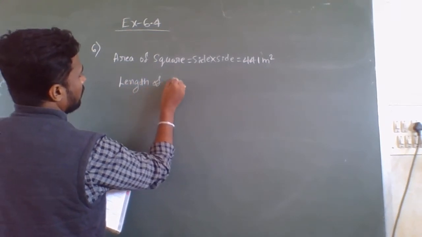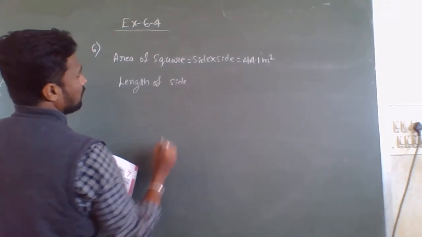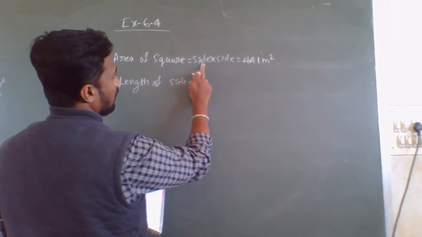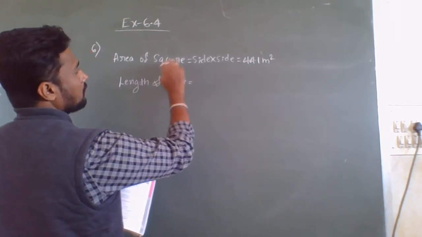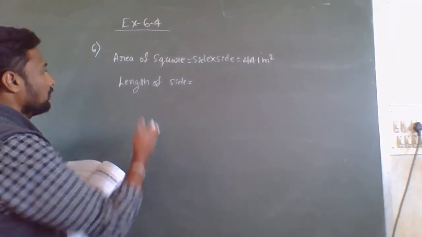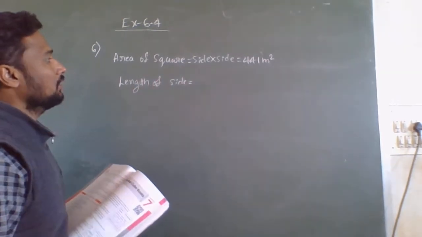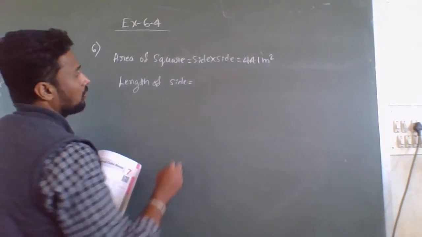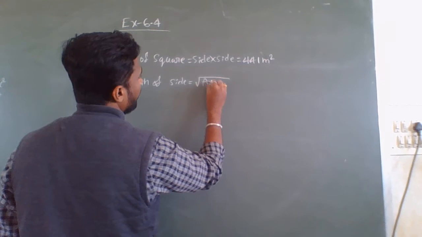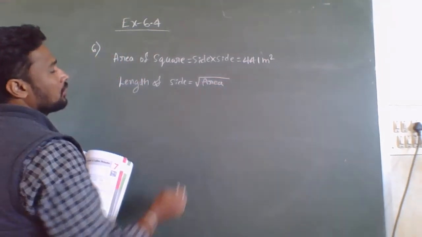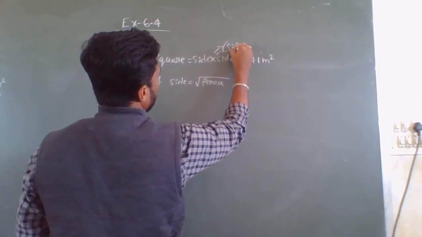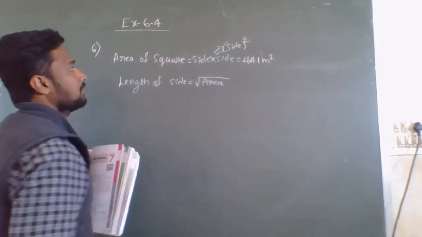Length of side. This is equals to, so side into side means what you will get? Area of the square, and here we are calculating the length of the side, so what we have to do? We have to find the square root of area, because side into side is nothing but side square.